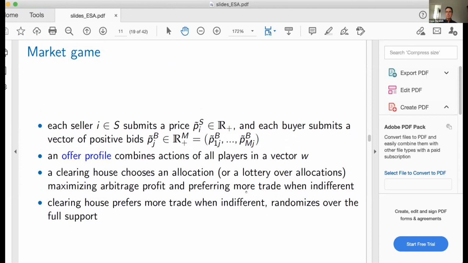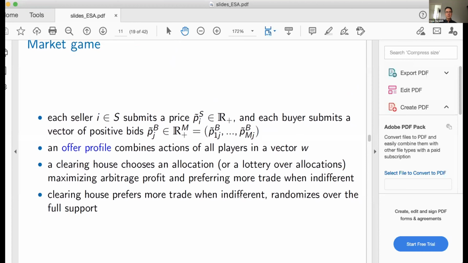We set up a market game. I won't explain the details, but basically the market game is like a CLB call market. Everybody submits a bid, and then there's a clearing house, and the clearing house tries to maximize their arbitrage gains. So basically that's the idea of the market game.